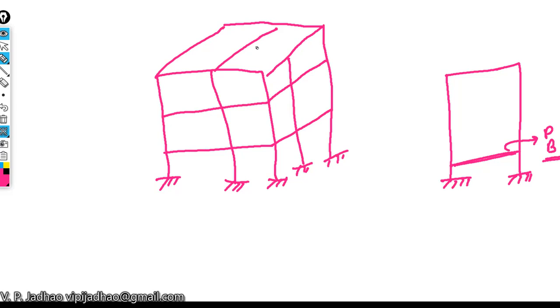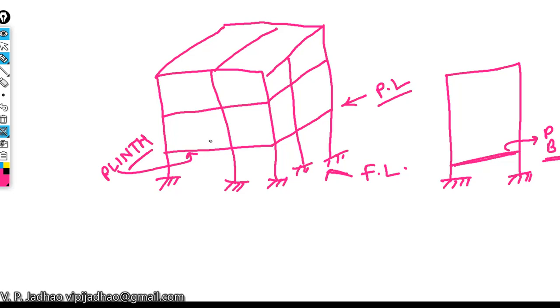So this is your foundation level, this is foundation. Then this particular level at which the first beams are provided is your plinth level, and these beams are called plinth beams.